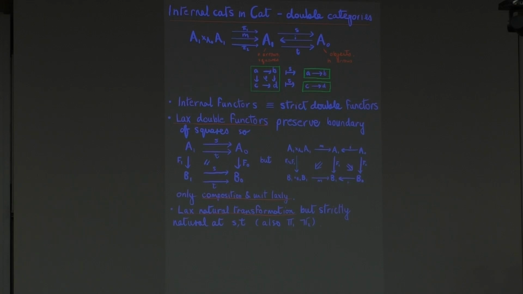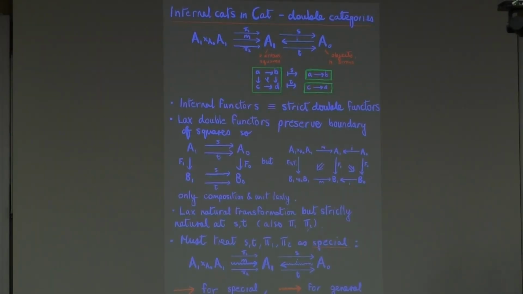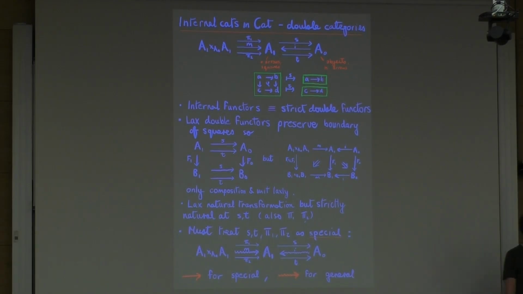But we see here that we've got something weird going on, which is that we've got a mixture of laxness and strictness. So we need to treat the source and target projections and the pullback projections as special in some sense.